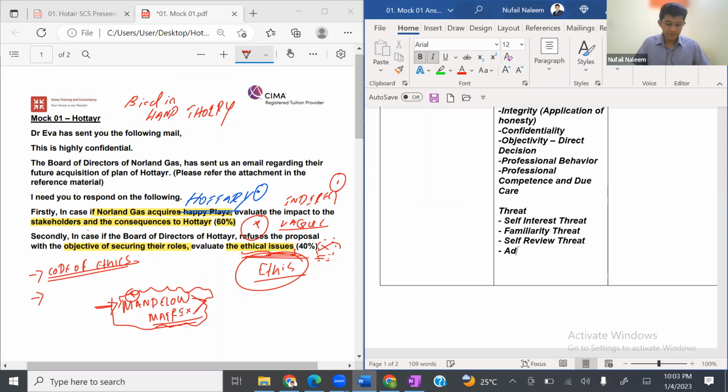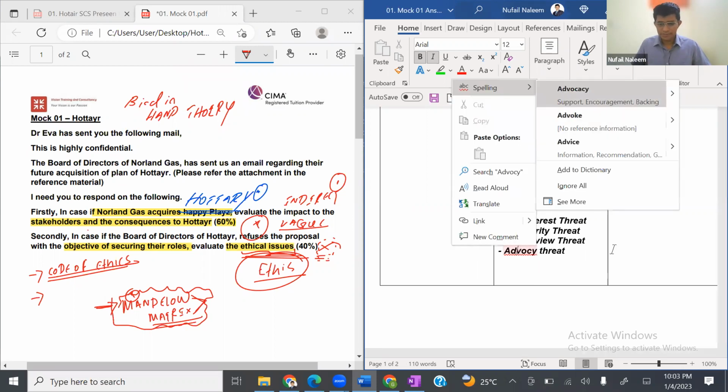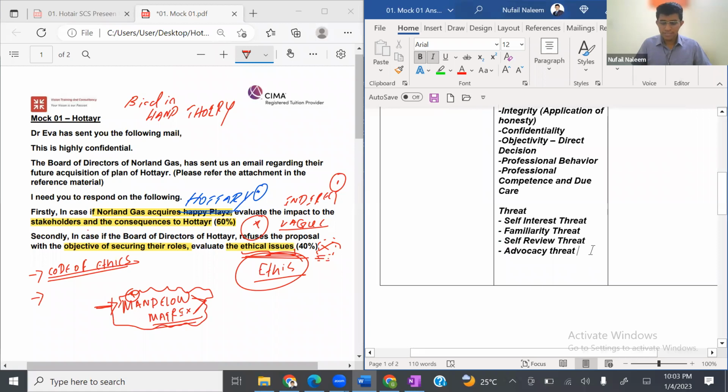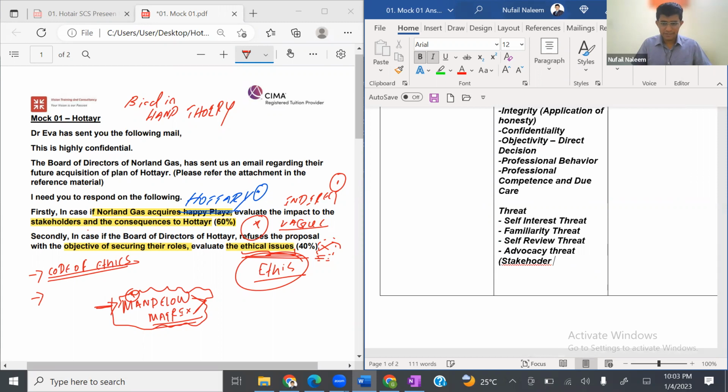Then you have something called the advocacy threat. Advocacy threat means you know that your clients or stakeholders are committing a mistake, but you conceal the facts. Example, in your company, your employees committed a crime, but you're hiding it because your company's reputation will get affected.